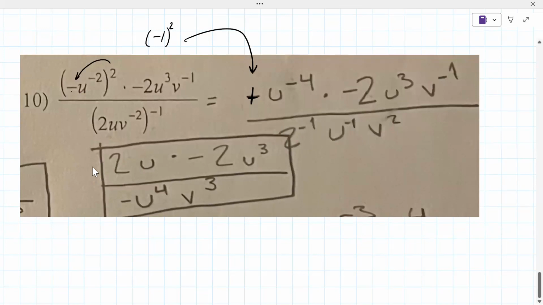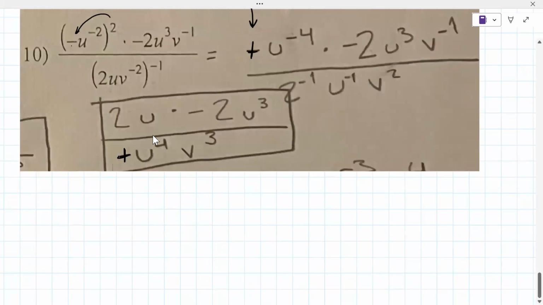Although you dropped the negative, well, you just brought it down here. Okay, that's where it came from. So that's positive because of that one there. And then this one again, I would probably work on the numerator. Or if you go to this line right here, you can't have u's in the top and the bottom. You've got two u and u cubed.